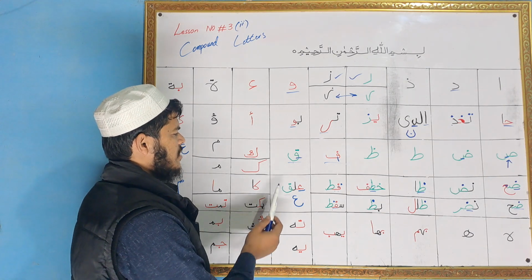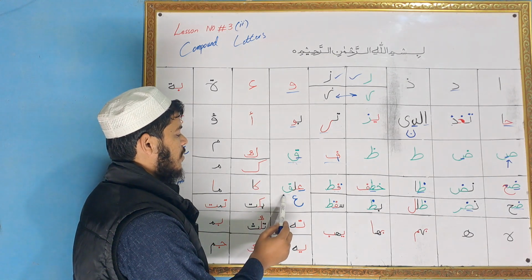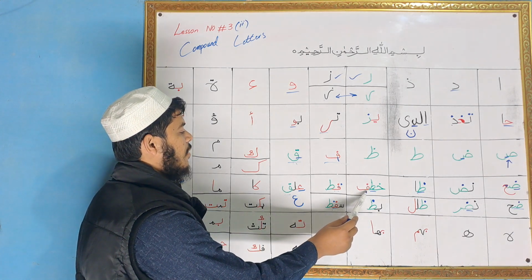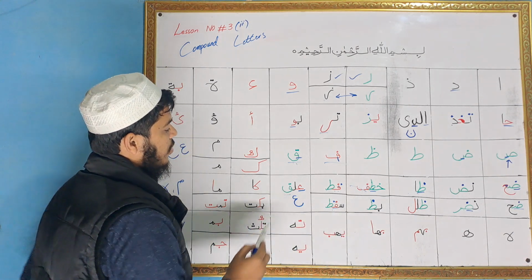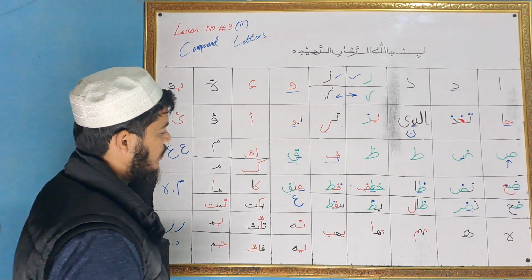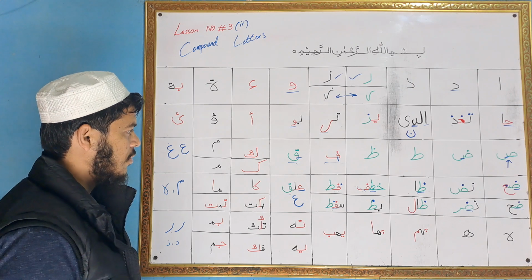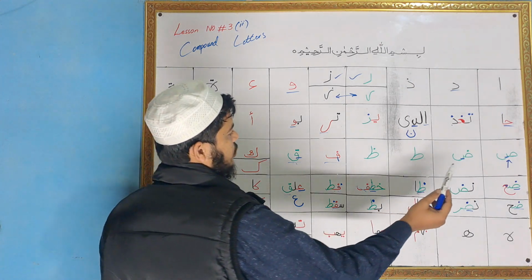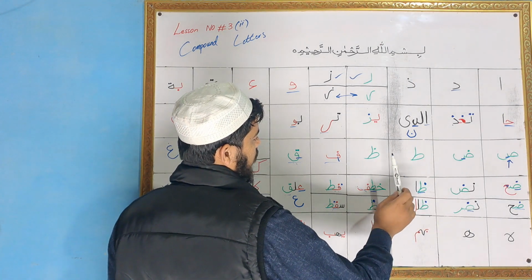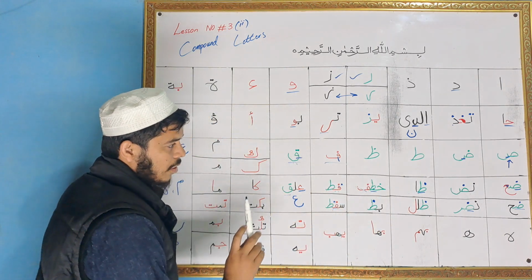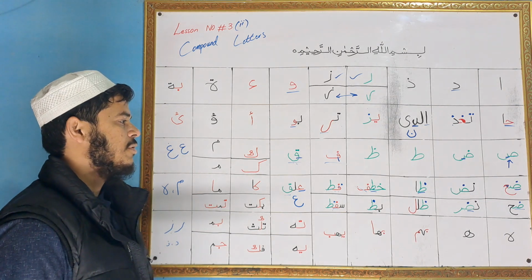And as a last letter it will appear in its original form like this, Ain, Lam, Qaf. Fa will be like this and Qaf will be like this. Okay, now we have learned all the possible shapes of Sad, Dad, Ta, Za, Fa and Qaf.